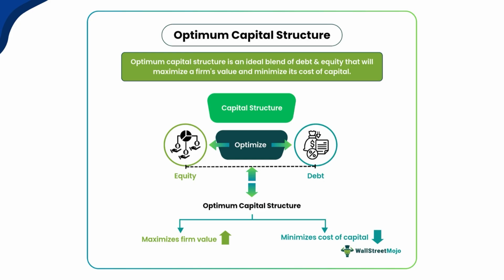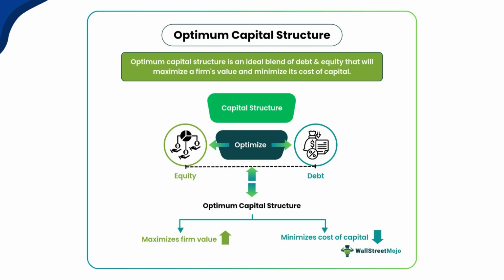So once the optimum capital structure is achieved, it leads to two main benefits. First, maximizes firm value. The company becomes more valuable to investors. And lastly, we have minimizes cost of capital, which means the overall financing cost is reduced, making the company more efficient.